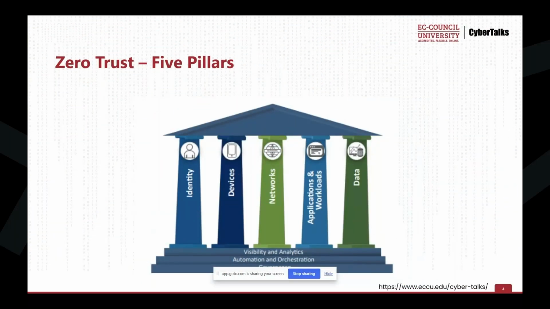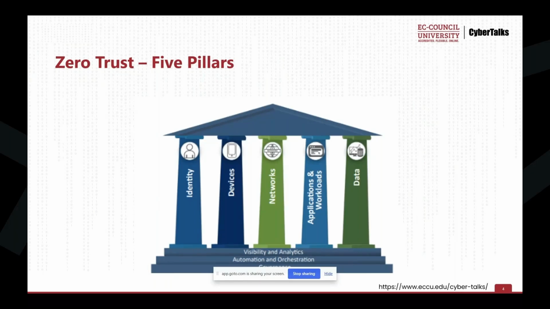As mentioned in the previous session too, these are the 5 pillars of zero trust: identity, devices, networks, applications and workloads, and data. So each of these need to be strengthened to provide an end-to-end zero trust security. You have your identity, which needs to be completely followed.